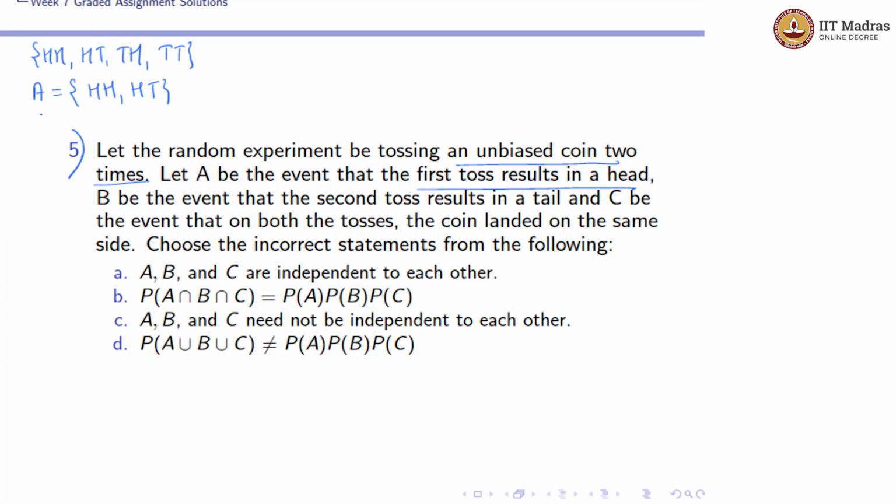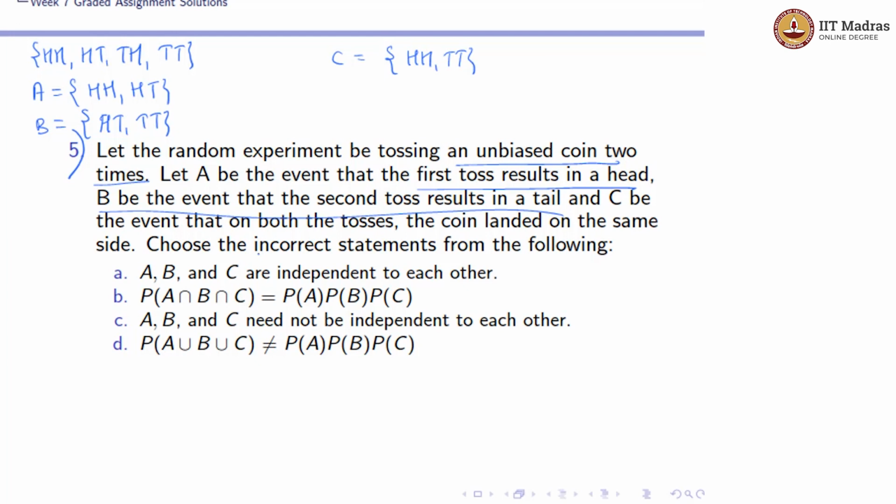Event B is that the second toss results in a tail, so this is going to be HT and TT. And event C is that on both tosses the coin landed on the same side, so this is going to be HH and TT.